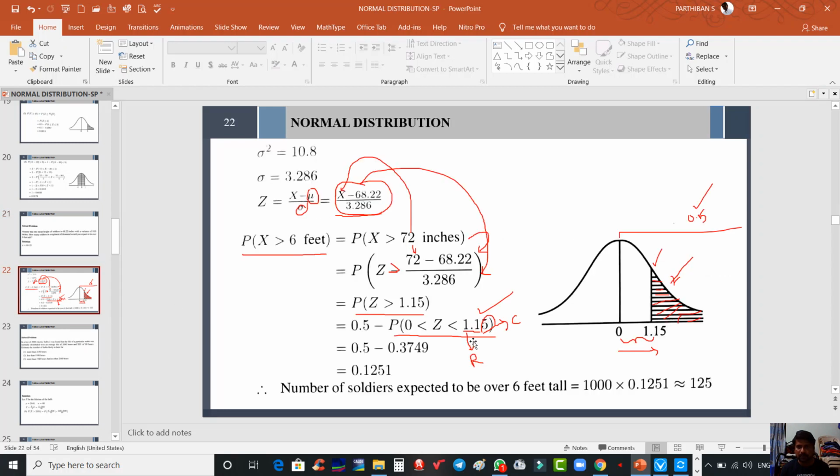So we have to multiply this answer by the number 1000, that is the frequency. So 1000 into 0.1251 is approximately equal to 125 soldiers. This is the way to solve the problem under normal distribution.